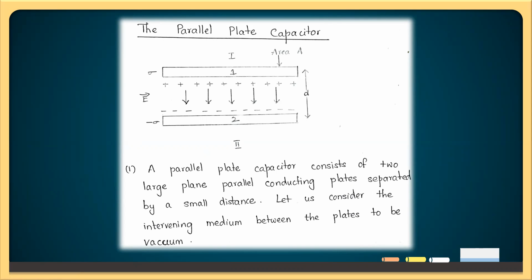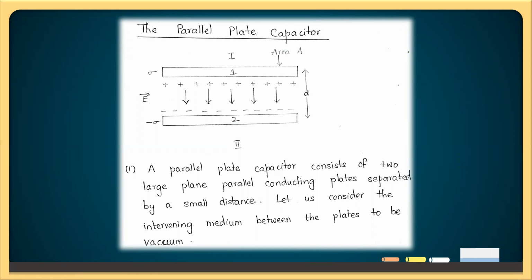Why are we talking about vacuum? Because if you keep a dielectric slab between the plates of a capacitor, its capacitance changes. If you keep a conducting slab between the plates, its capacitance changes.